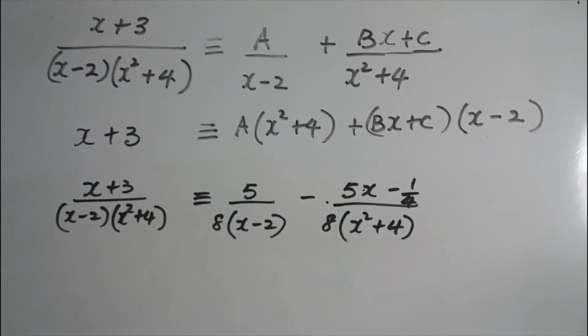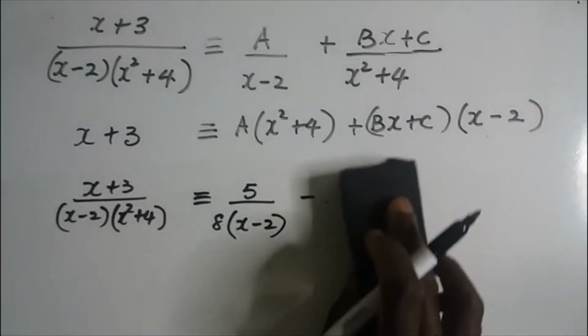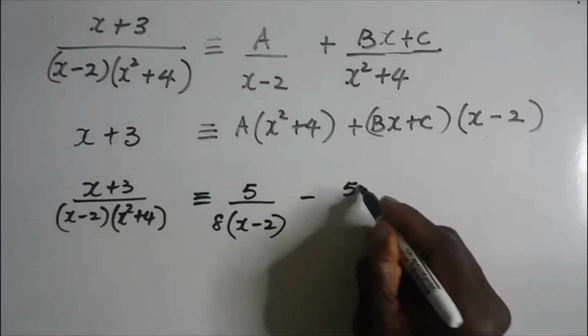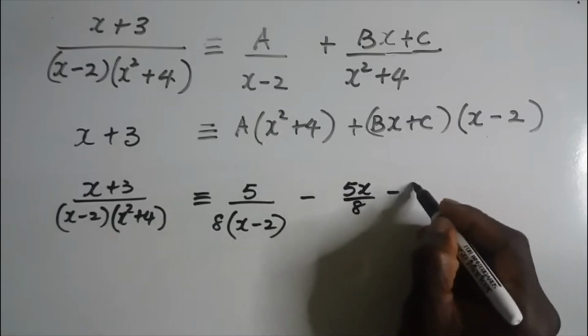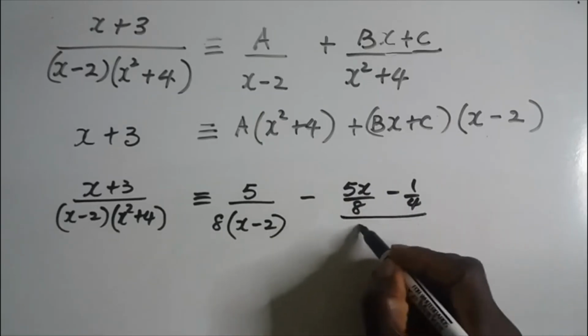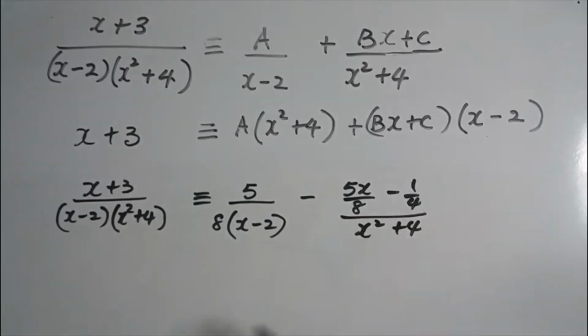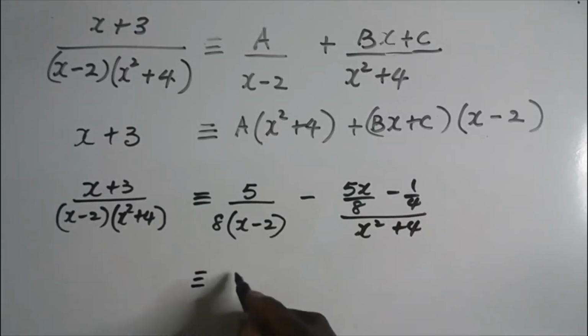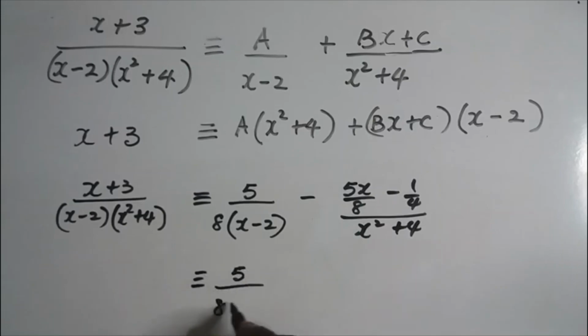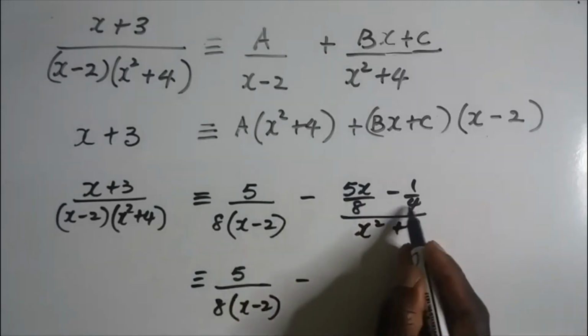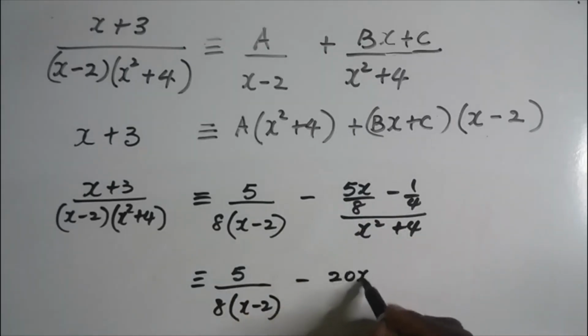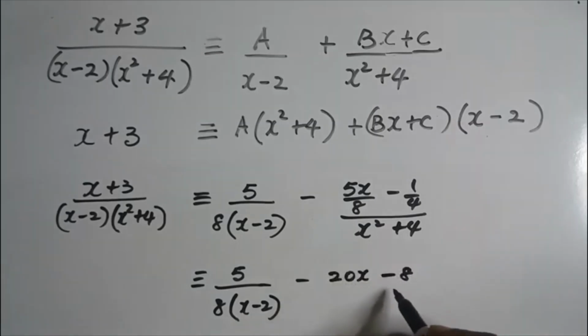Just to write this a bit neatly, we can write this as 5x over 8 minus a quarter, all over x squared add 4, which simplifies to, we cross multiply here, we have 20x minus 8, and we use this in the denominator here. 8 fours are 32.